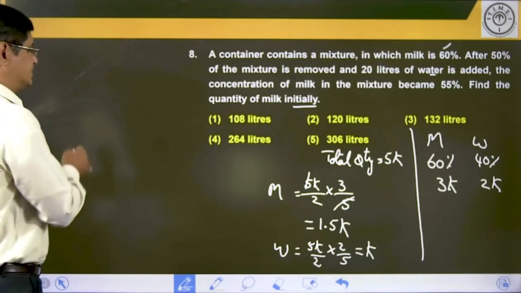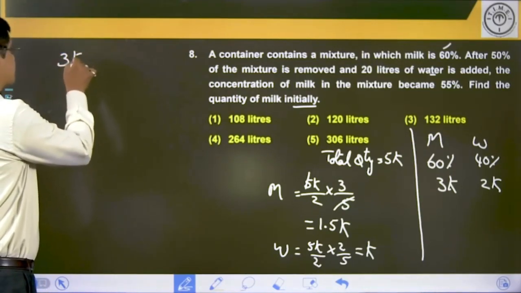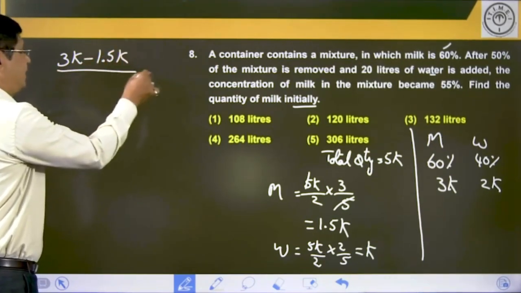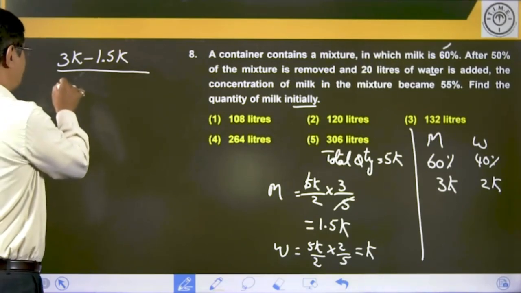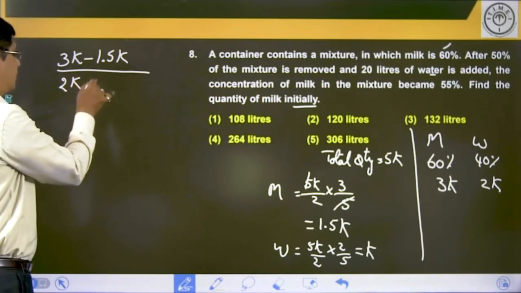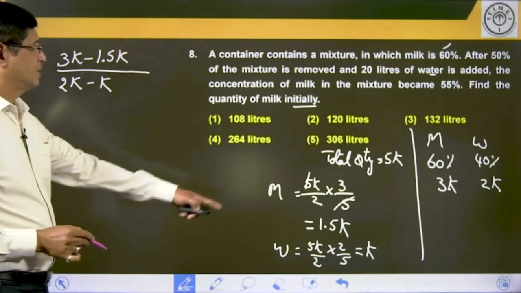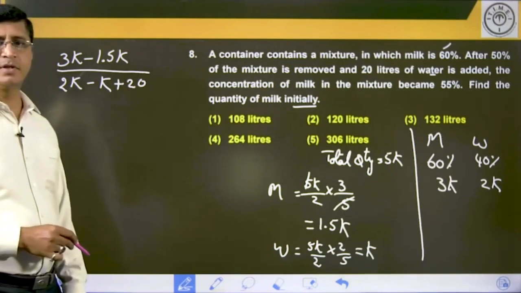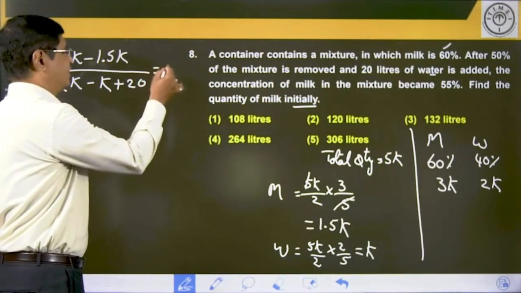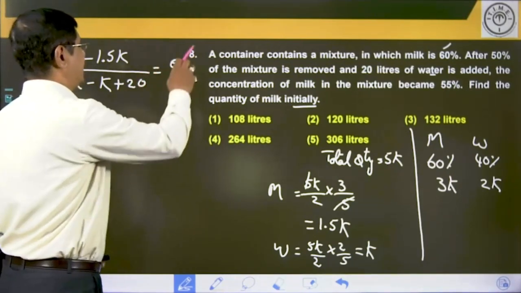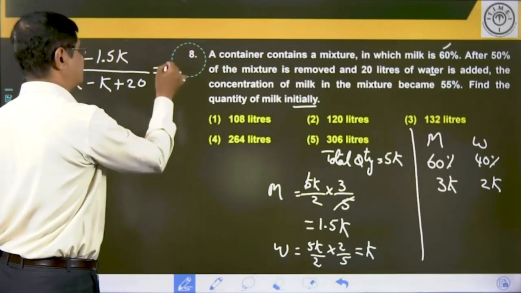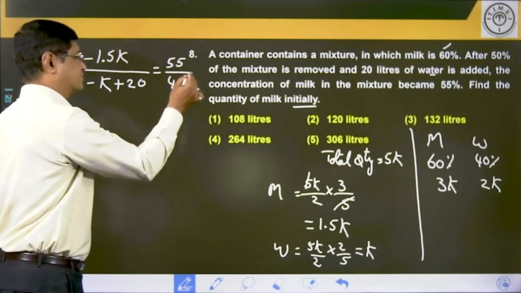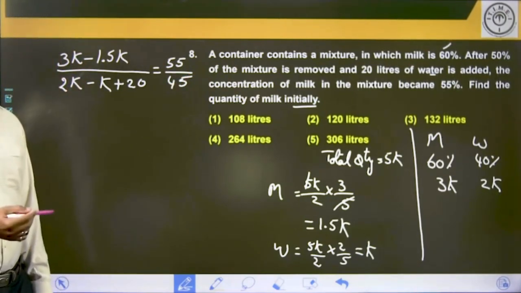Now, look at this one: 3K minus 1.5K by 2K minus K plus 20 liters of water is added, then the result is 55%. 55% means milk is 55, the remaining is water, that is 45%.